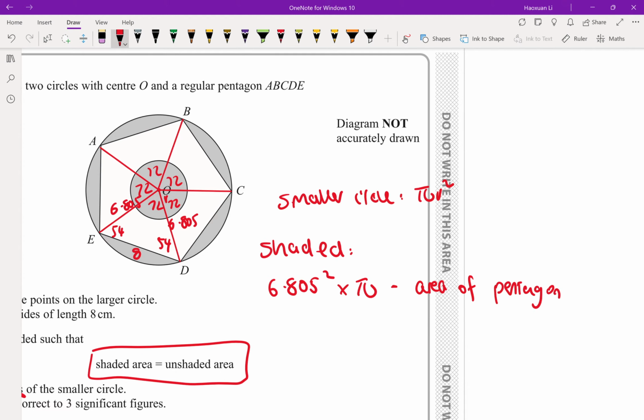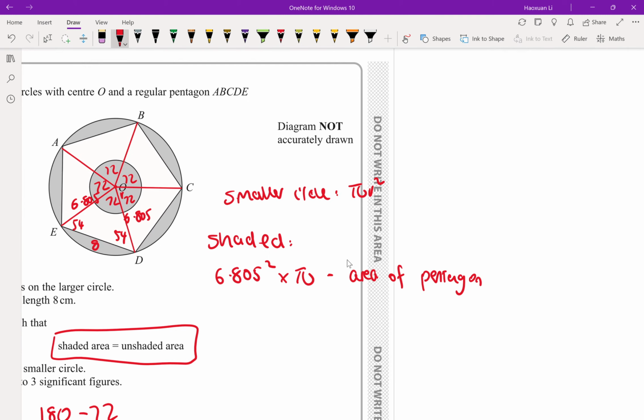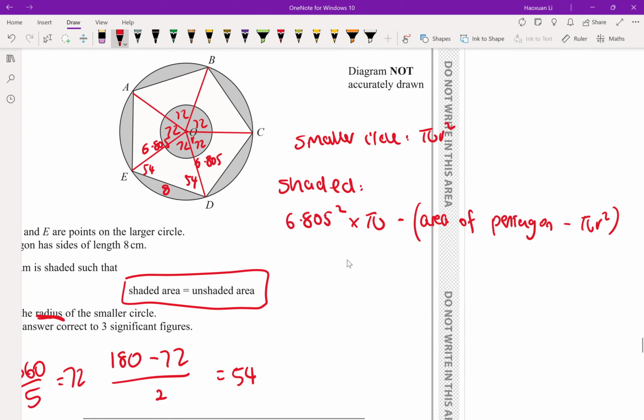We will solve it later. Minus pi r squared. And then the unshaded bit would simply be that.